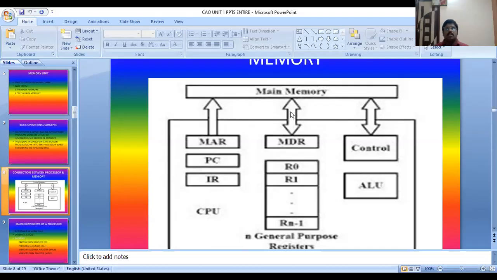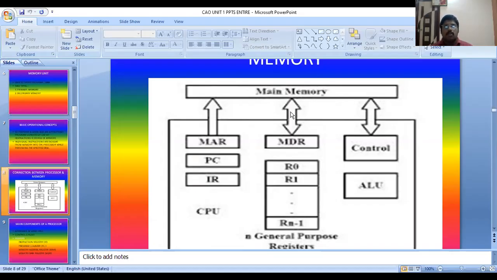Now, what we want to discuss in this class is the registers one by one. As you can see in the diagram, there are different types of registers: MAR memory address register, MDR, ALU, PC, IR, and R0 to R of n-1.